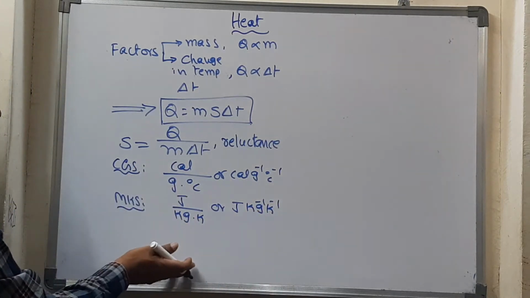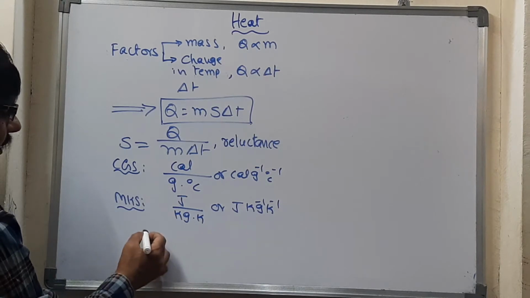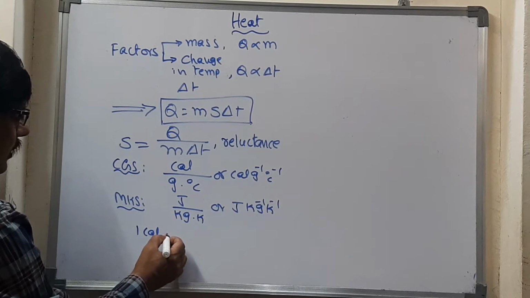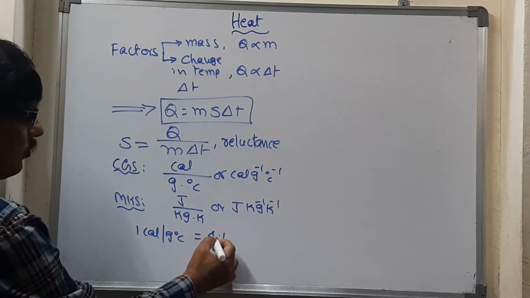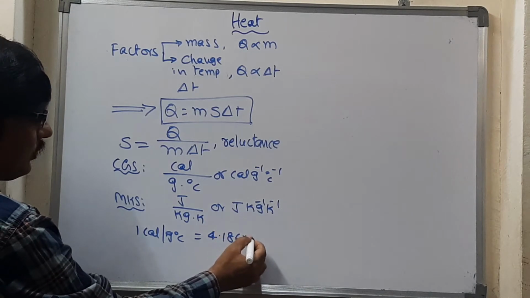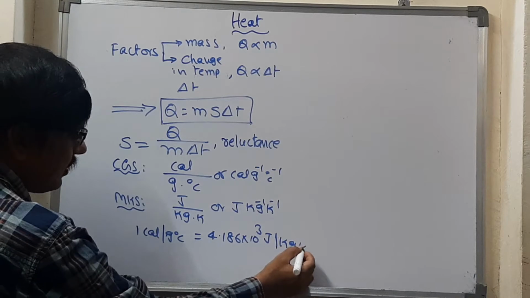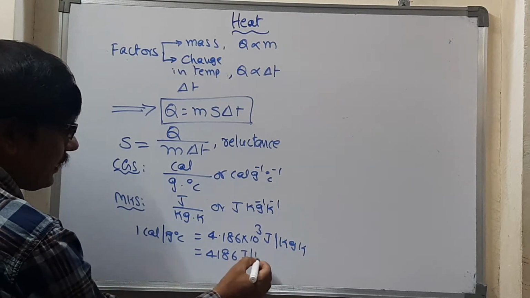Is there any relation between these two? Yes. The relation is 1 calorie per gram degree Celsius is equal to 4.186 × 10³ joule per kilogram Kelvin, or simply 4186 joule per kg Kelvin.